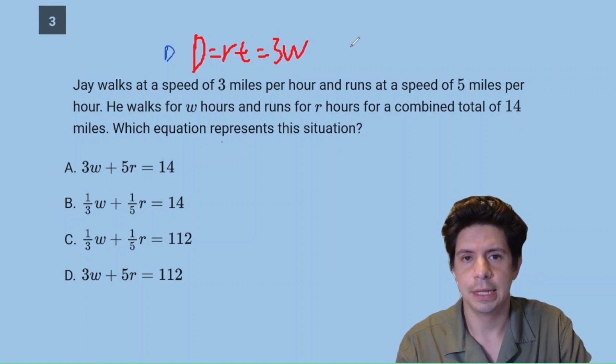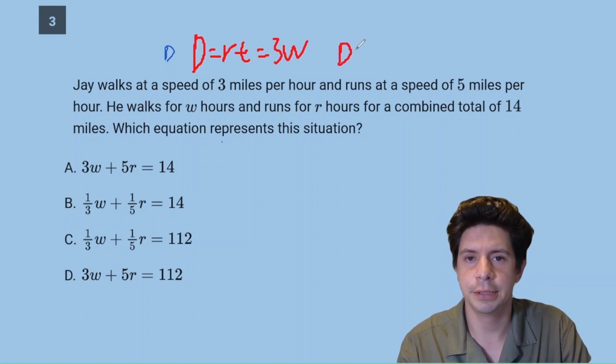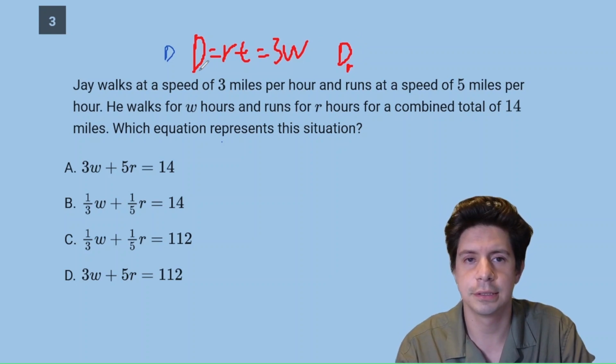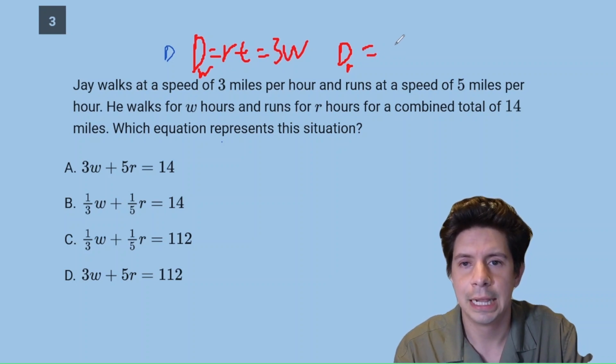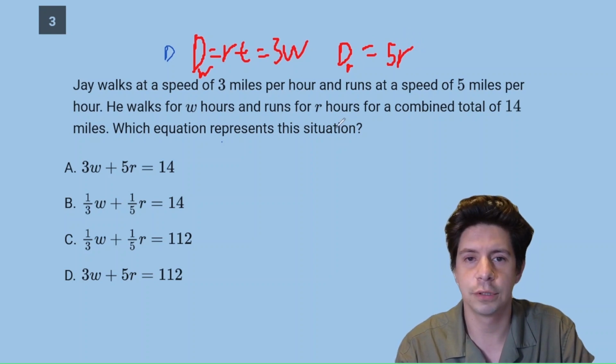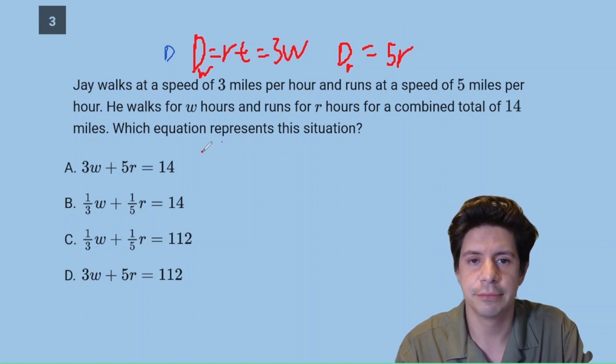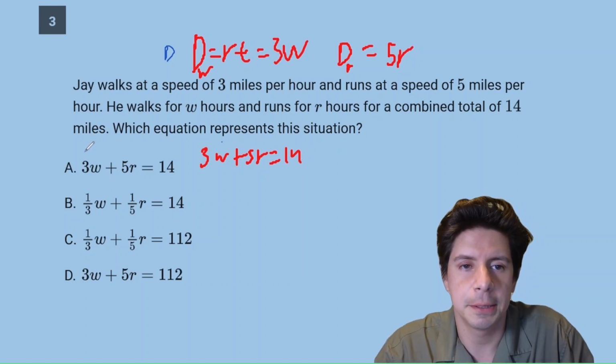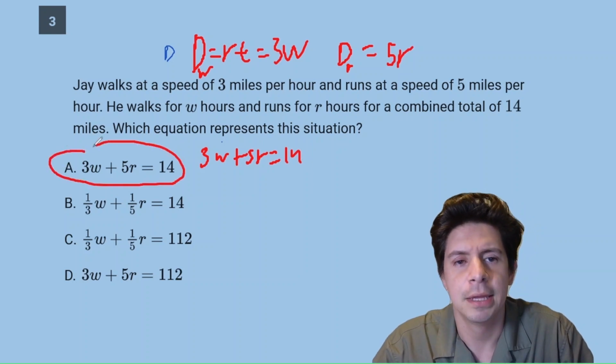And then distance for running is going to equal 5R. And then the total distance, they add up to 14 miles, and it's just going to be 3W plus 5R equals 14, which is going to be A. Okay? And that one's nice and straightforward.